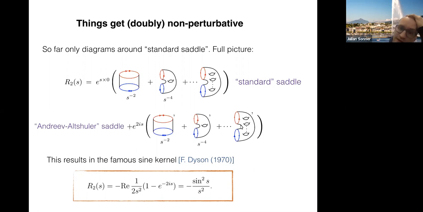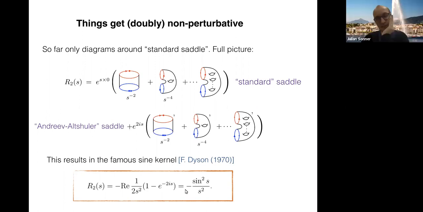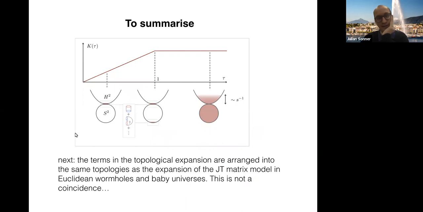And in fact, if you do this for the GUE, for example, you get the famous sine kernel, which of course Freeman Dyson calculated using random matrix theory arguments. And so this gives you a 2-level correlation function, which is sine squared s over s squared, which is doubly non-perturbative in the entropy of the system, but its Fourier transform gives you precisely the kind of ramp and plateau structure that we know. So I'll explain that, but there seems to be a question.